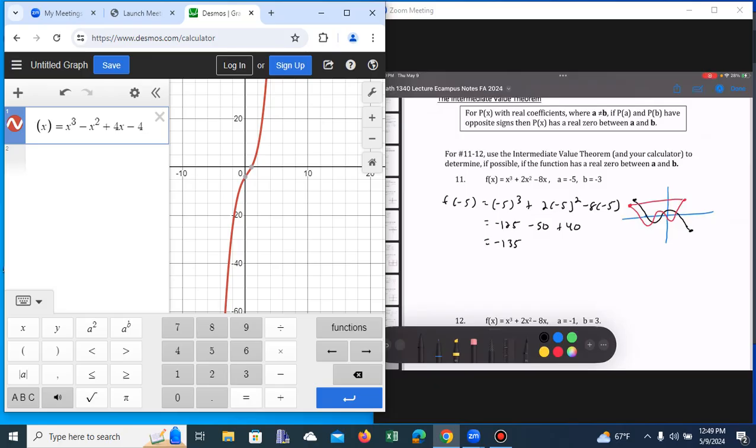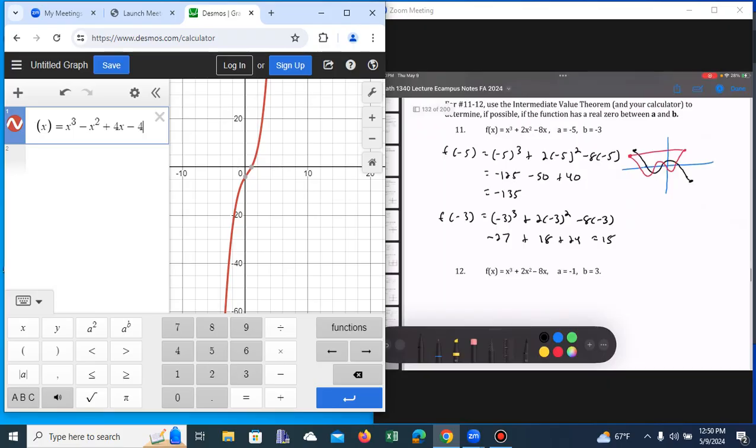And then we'll plug in 3. This will give us 27. That'd be 9, 18. That'd be a positive 24. Wait, negative 27. Positive 18. Positive 24. This is going to give us 15.